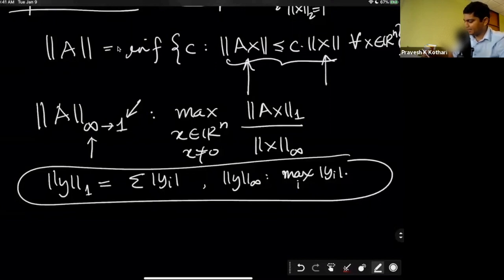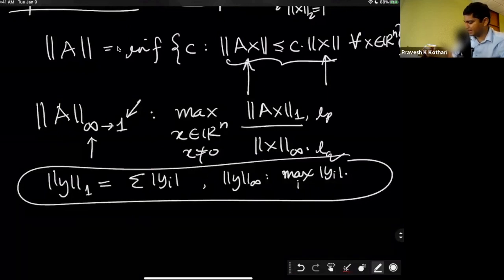Because if, instead of 1, you wanted to choose some LP norm here, and instead of infinity, some LQ norm, then over all P and Q at least 1 and at most infinity, this norm is maximized when you choose the 1 norm on top and the infinity norm on the bottom.